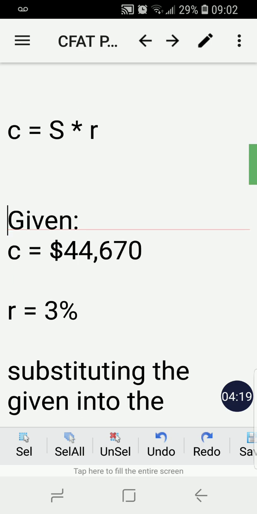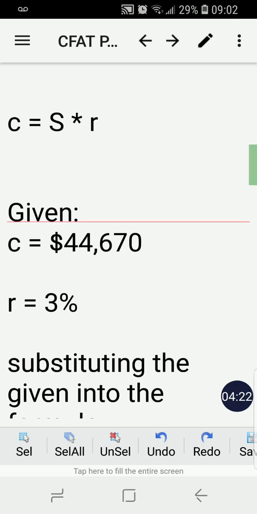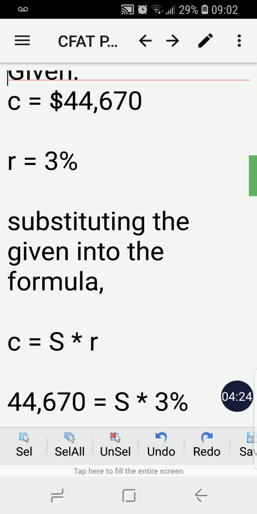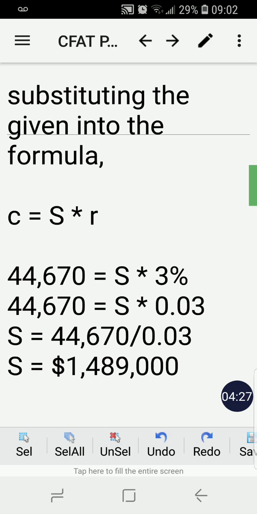So now all we have to do is substitute the given into the formula, and so we get C is equal to S times R. We know C, the commission, to be 44,670. This equals S, the unknown selling price, times R, the commission rate of 3%. So we get 44,670 is equal to S times 0.03.